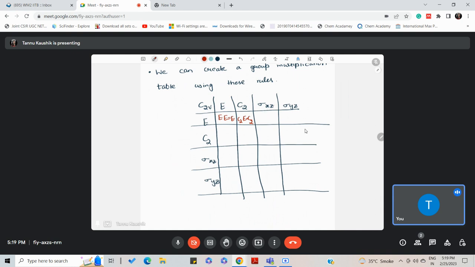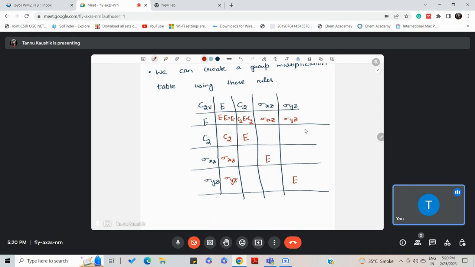Similarly, the product of sigma xz and E, we will get sigma xz, sigma yz, and similarly on this axis, we will get C2 axis of rotation, sigma xz and sigma yz. Now, the multiplication of C2 into C2, what will it give? It will give us the E operation. Okay. And similarly, sigma xz into sigma xz will give E, and sigma yz into sigma yz will give us the identity element only.